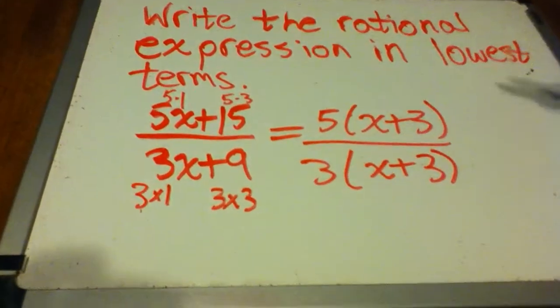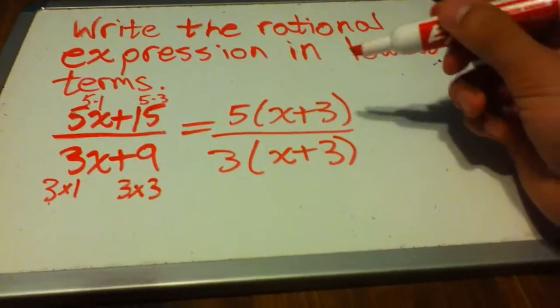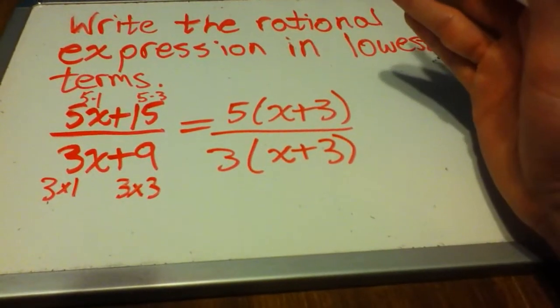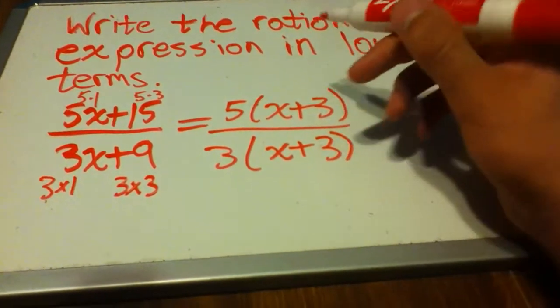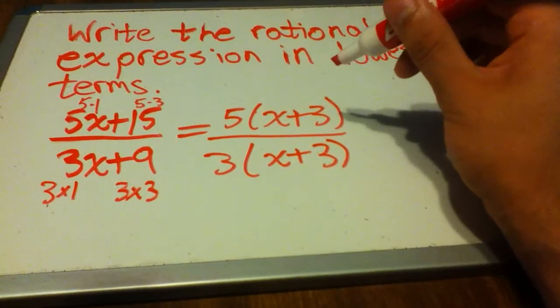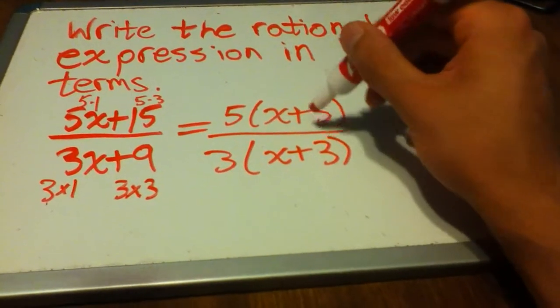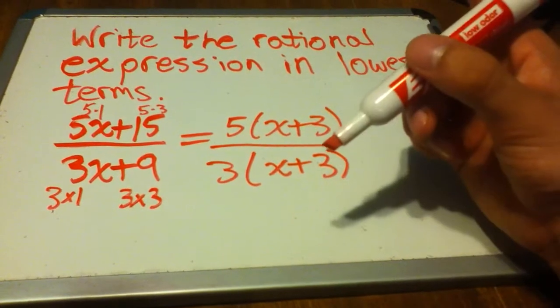From there, you want to simplify if you can. Simplify means get rid of or eliminate whichever terms you have over each other. For instance, x plus 3 over x plus 3 would be 1, right?